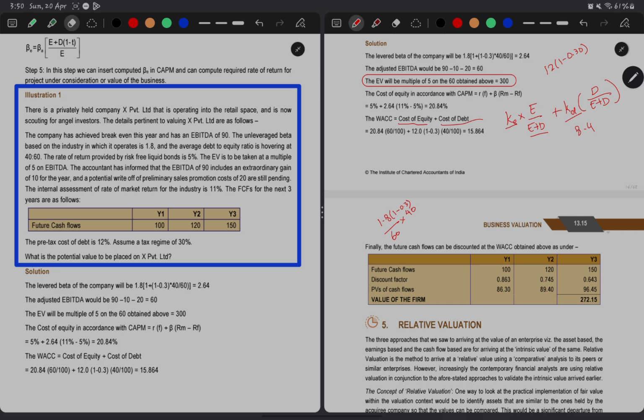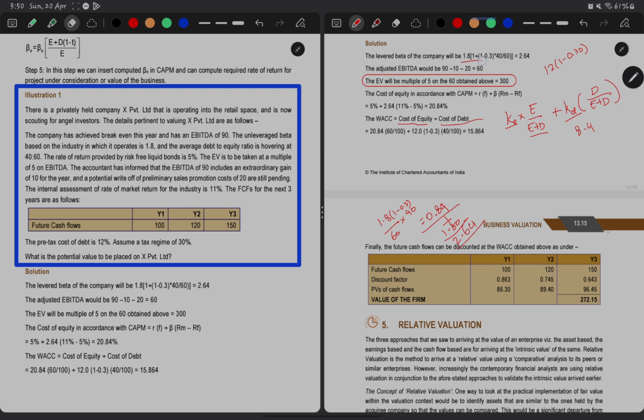So 1.8 multiplied by (1 minus 30 percentage), divided by 60 multiplied by 40, will be 0.84. This will be the debt portion of beta. Now adding it with the equity portion will give us the total beta. So 0.84 plus 1.8 will give us 2.64. So 2.64 is the levered beta of the company.